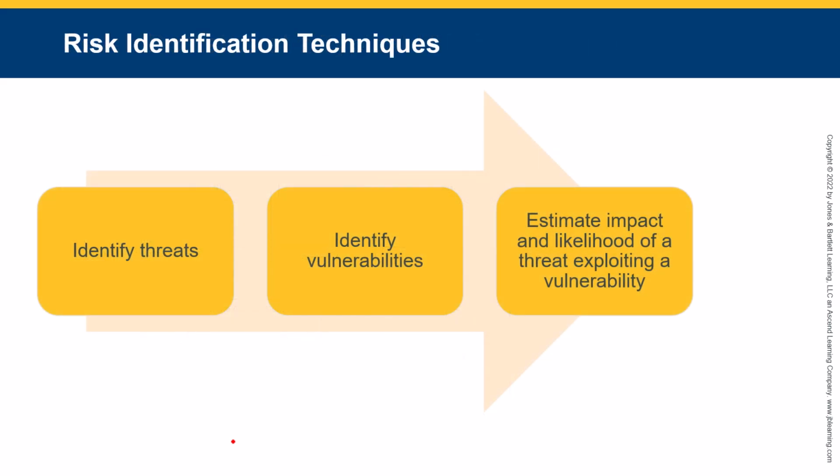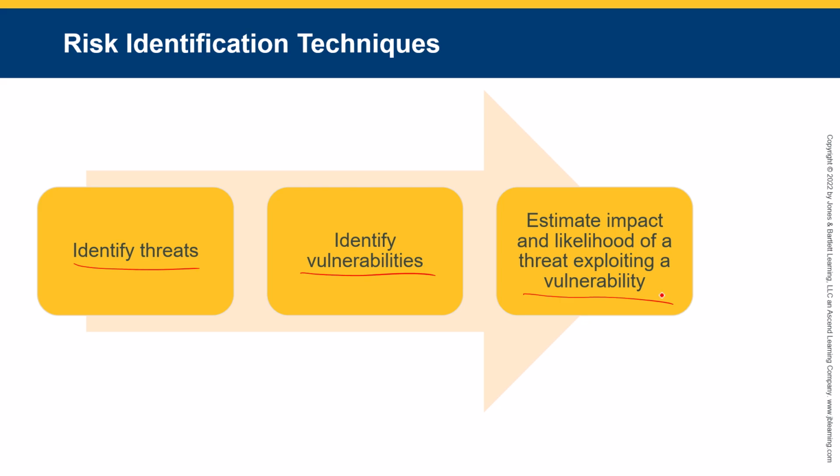So what are some of the techniques to identify risk? You could identify the threats, the vulnerabilities, or you can estimate impact and likelihood of a threat exploiting or realizing a vulnerability. Sometimes we can look for the threat. Sometimes we can look for the weakness.